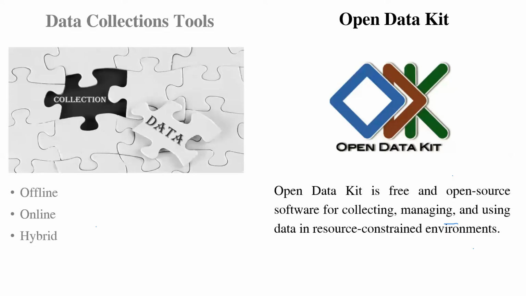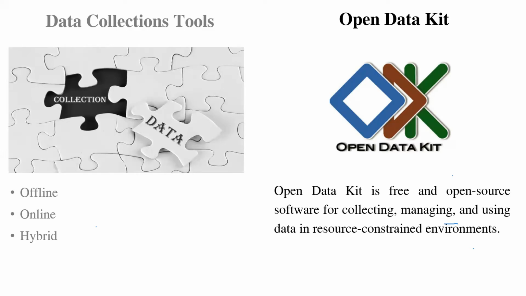The reason why ODK is famous, useful, and very important for someone to know how to work with is because almost all the organizations around the world nowadays are using ODK to collect data. Why? Because it can be used to collect data in a resource-constrained environment. That is, environments that lack a lot of things in life.